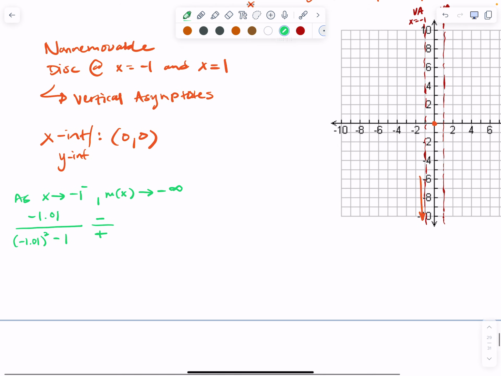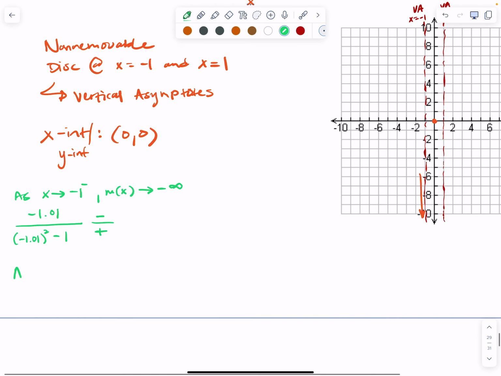Okay, thinking about from the right, as x approaches 1 from the right, and this is something you could do in your head. If I explicitly asked you a question about this, you should be able to answer it.